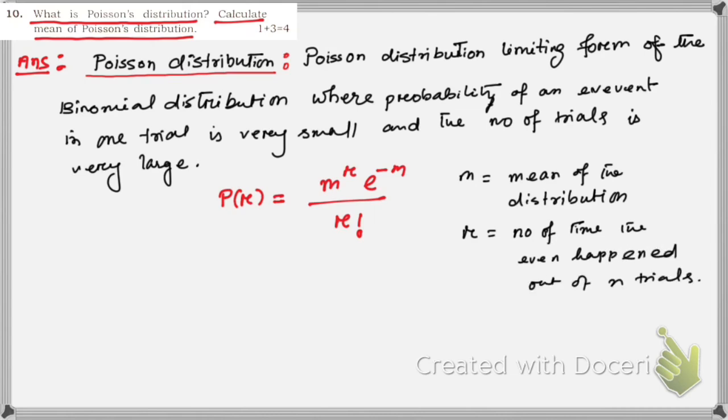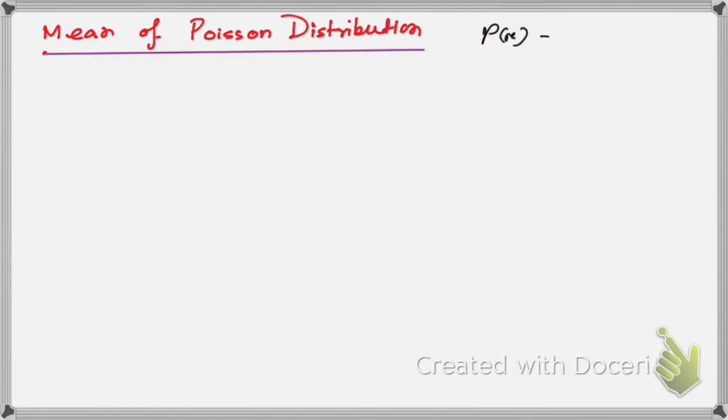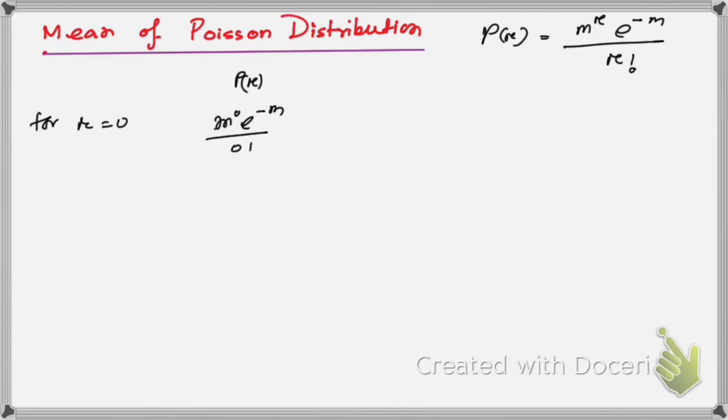I have written them here. Now the next part of the question is the mean of Poisson's distribution. So how to do that? P(r) is the expression for Poisson distribution. For r equal to 0, P(r) becomes m to the power 0 e to the power minus m by 0 factorial.